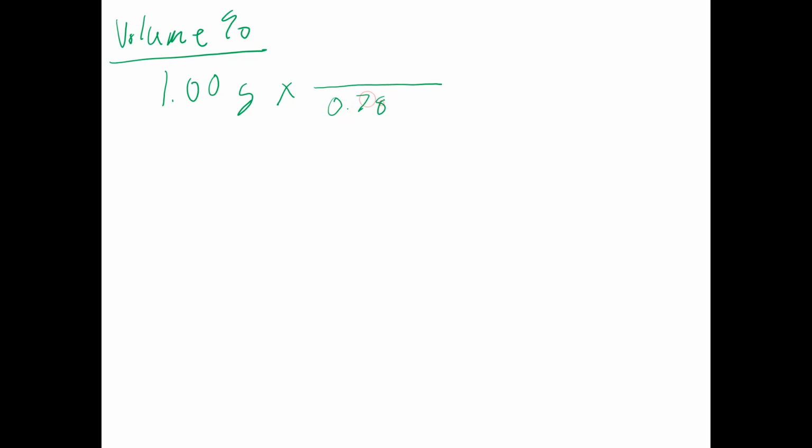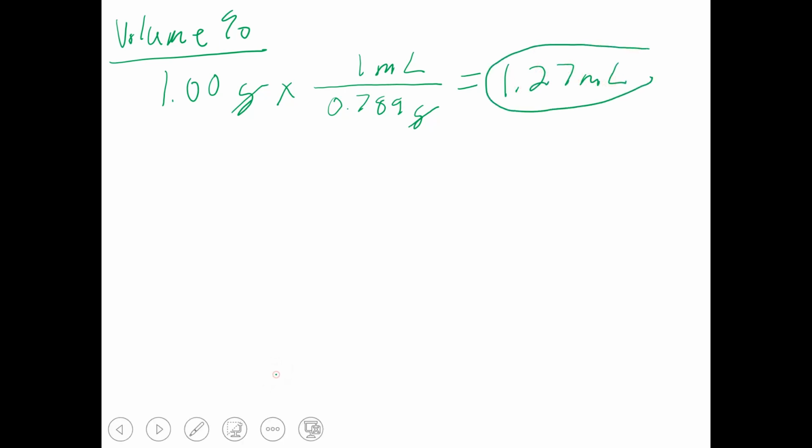So since I'm starting with grams, I'm going to put grams on the bottom. So 1 divided by 0.789 gives me 1.27 milliliters. And I'm not going to circle that yet because it's not my final answer for volume percent.